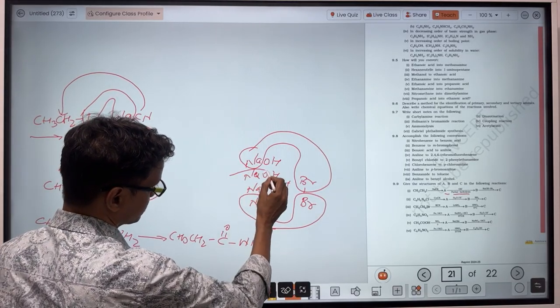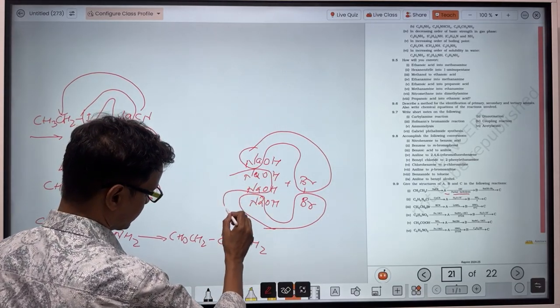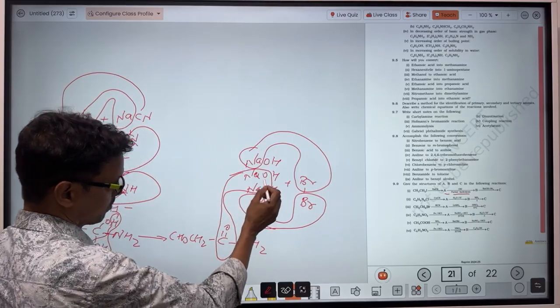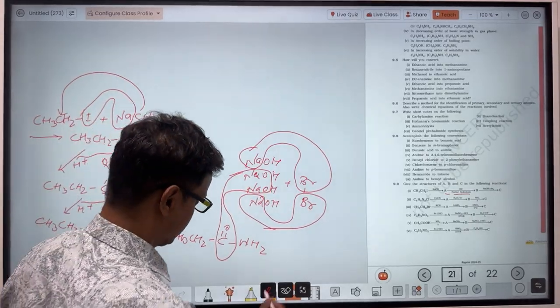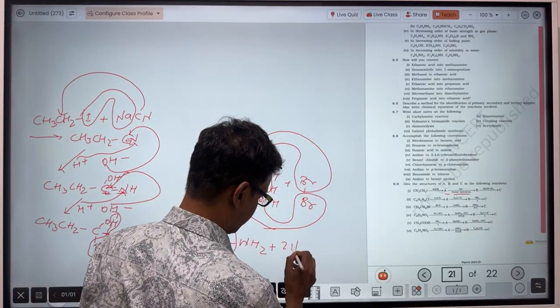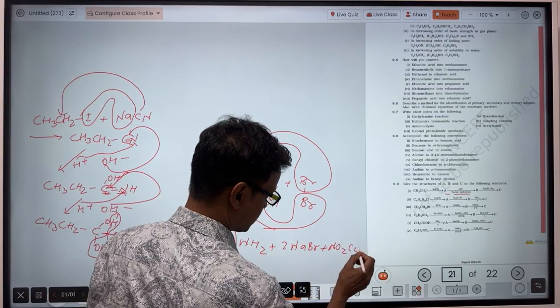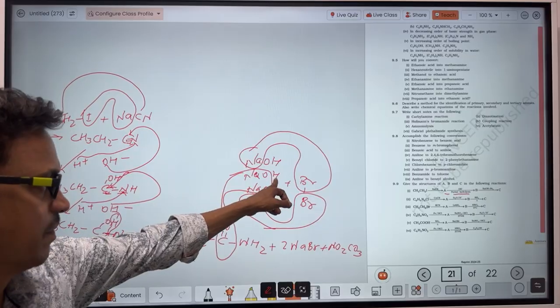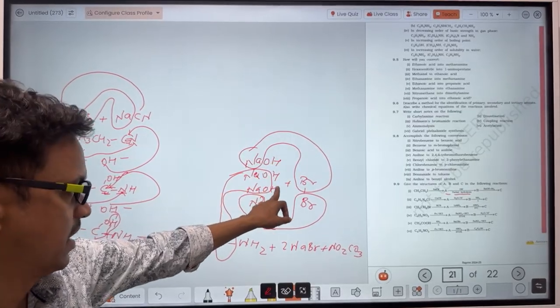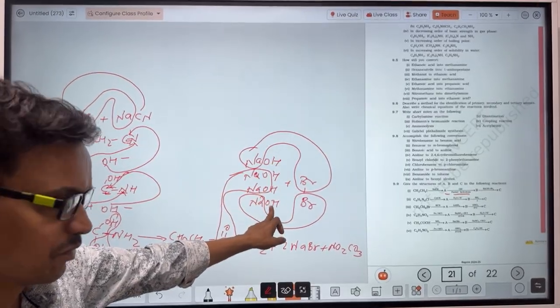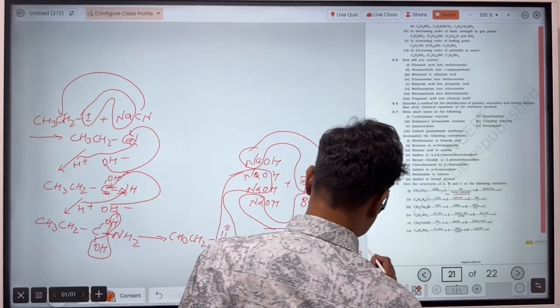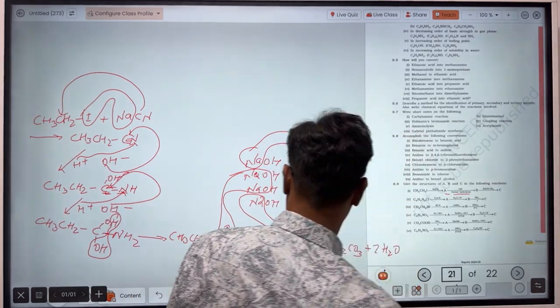And this NaO will react with this one to form Na2CO3. So there is formation of 2 moles of NaBr plus Na2CO3. The hydrogen released from here will combine with this OH, and the hydrogen released from here will combine with this OH. So there will be formation of 2 moles of H2O.